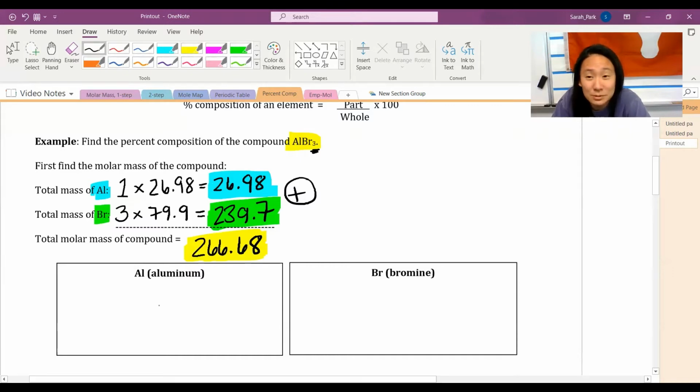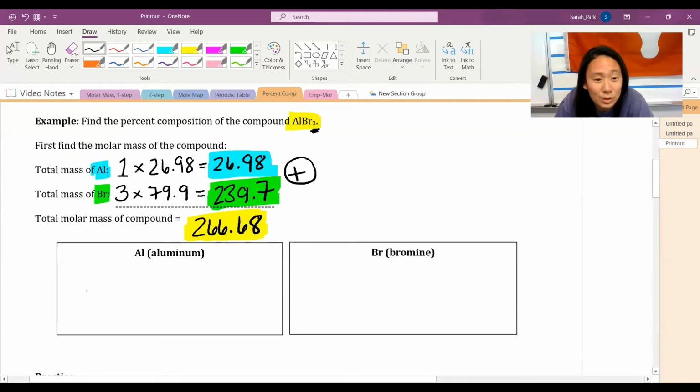Now, in order to find the percent composition of each element, okay, starting with aluminum, you got to take aluminum's number, 26.98. You're going to divide it by the total of the compound. So if I were to color code this, this was the total compound.